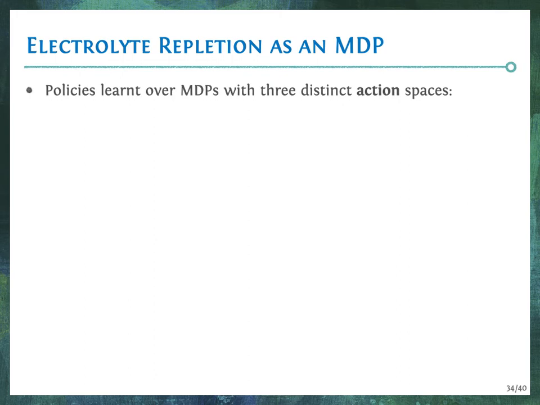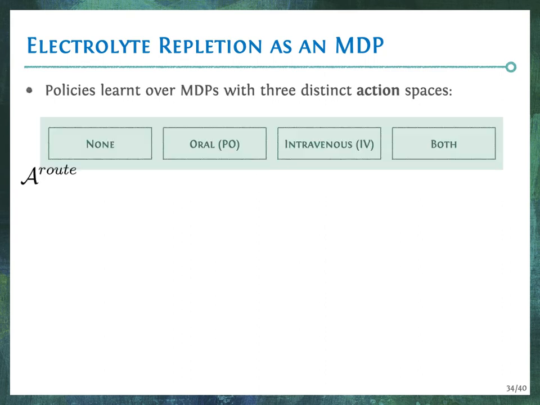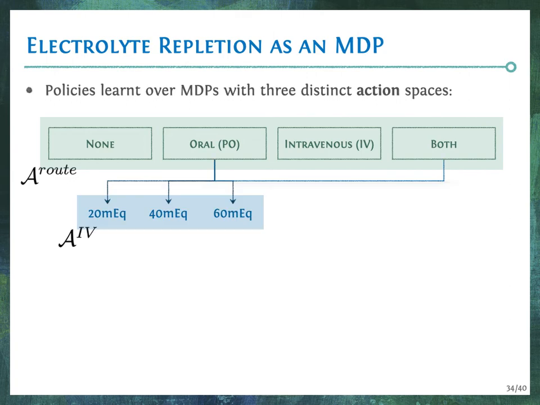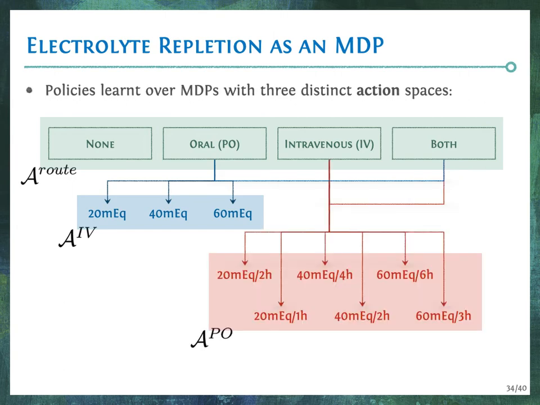Our overall repletion policy is made up of 3 optimized sub-policies, mapping from this state space to one of 3 distinct action spaces. First, we learn a policy to decide the route of repletion, whether by oral tablets or intravenous therapy, both or neither. For each of oral or IV repletion, we then learn a policy to determine the most suitable dosage level and infusion rate in the case of IV.